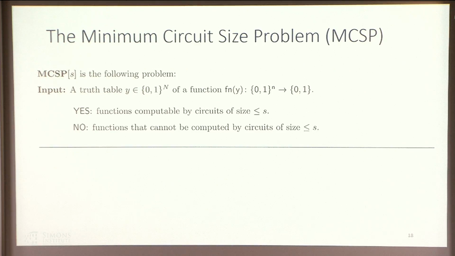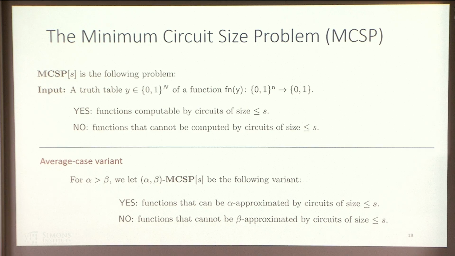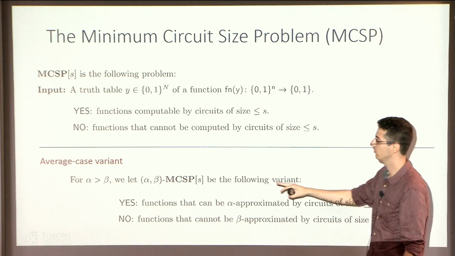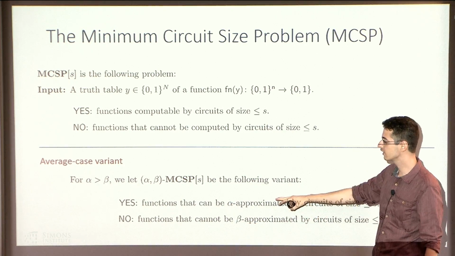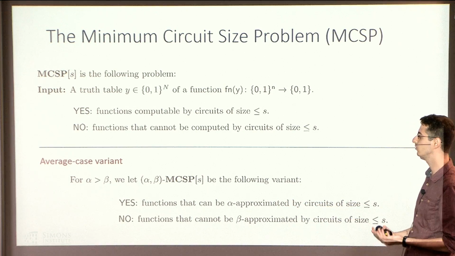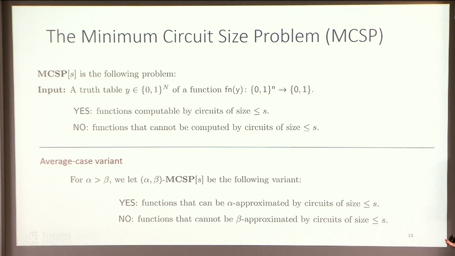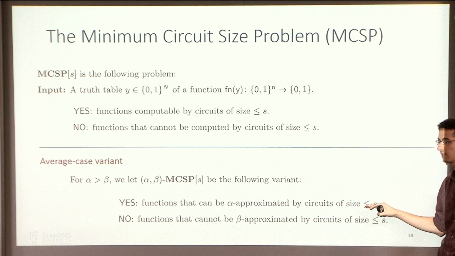Okay, so now let me move to the second example of magnification. You have already seen the minimum circuit size problem. Now, we're going to be using an average case variant of the problem. So this is about the definition of the problem. I'm going to be talking about worst case lower bounds later on. So here now we have two additional parameters, alpha and beta. And the yes inputs are the truth tables that can be alpha approximated by circuits of size at most s.